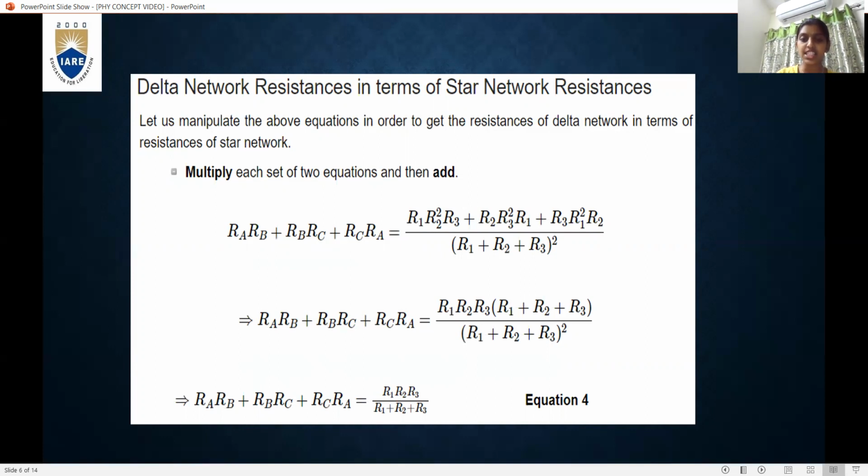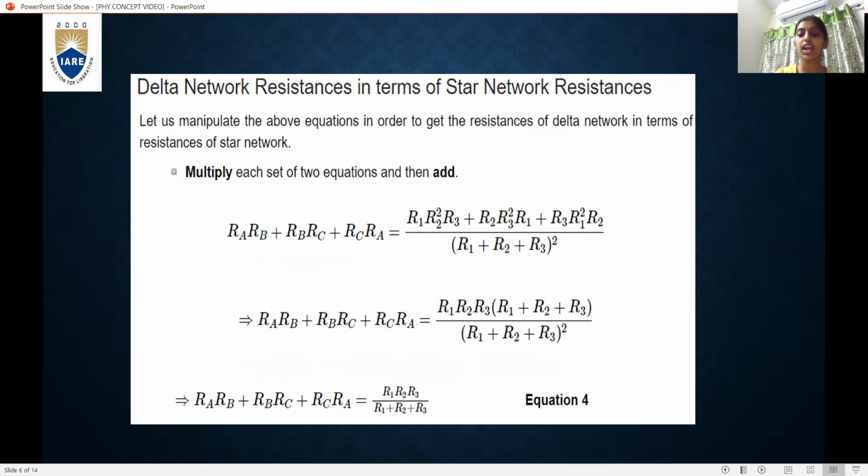Now, in the next step, you're going to take R1, R2, R3 as common. Then the equation will be RB plus RC plus RA is equal to R1, R2, R3 into (R1 plus R2 plus R3) by (R1 plus R2 plus R3) whole square.